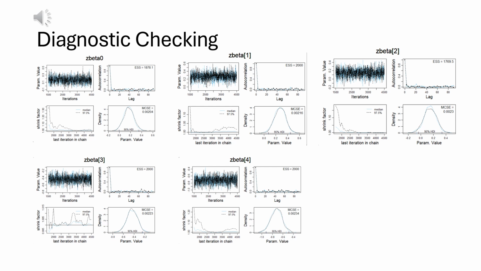So here we approach the diagnostic checking stage of the project. As you can see, we have plotted a couple of different plots for all the z beta variables under consideration. Let's first look at the trace plots of each of the variables. Most of the variables assume stationarity in the trace plots, which is a good sign of representativeness. Then let's jump to the shrink factor plot.